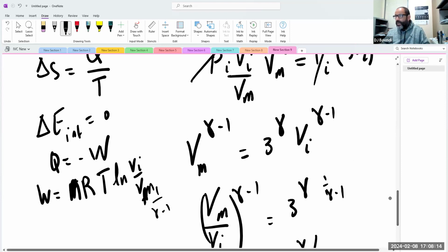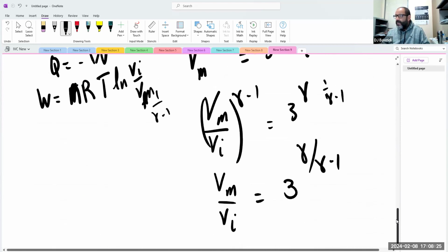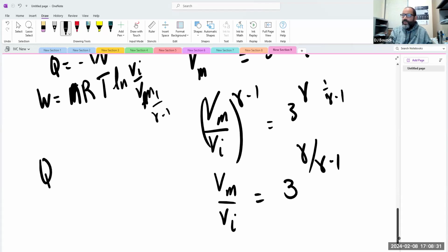Remember, we're focused only on the isothermal process. In the isothermal process, this is your Vi, this is your Vf, which I call Vm, V middle in here, okay? Having said that, then the Q is just this ratio flipped. So the Q, because I have the negative sign in there, is nRT ln of V middle over Vi.